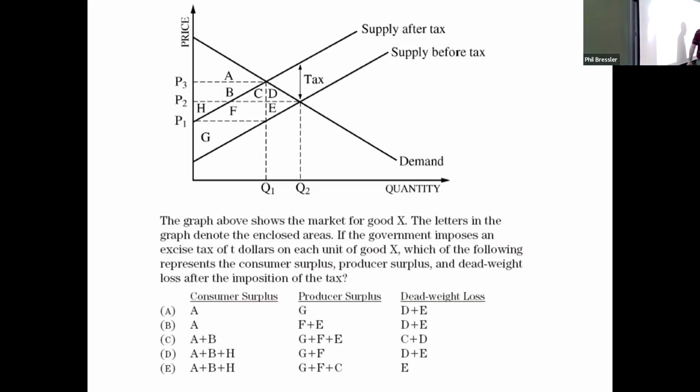Next up, give you about 90 seconds on this one. Try to put a letter down instead of writing out a lot of words. You've got your graph in your notes. They're asking for consumer surplus, producer surplus, deadweight loss. This is after the tax? After the tax.